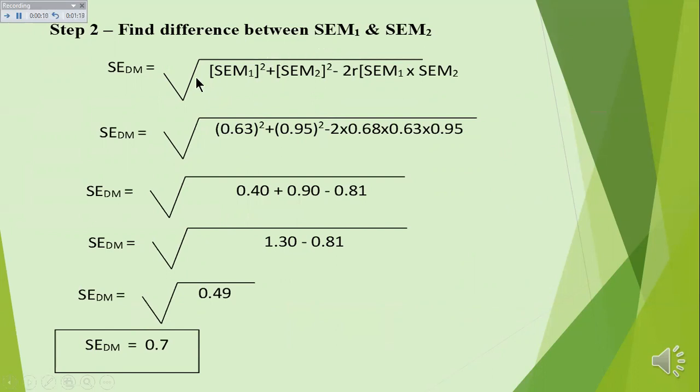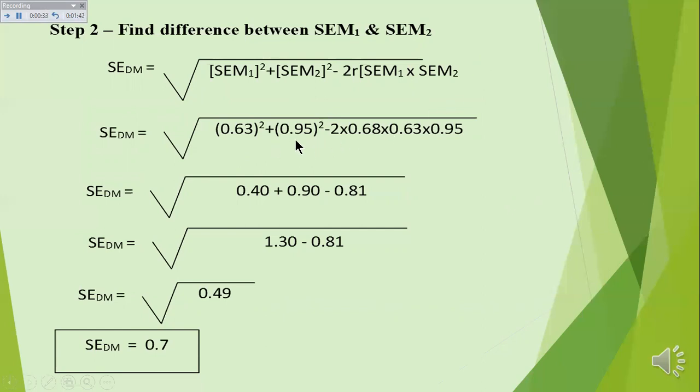Now in step second, we have to find the difference between standard error of mean. So this is the formula: standard error of mean first square plus standard error of mean second square minus 2 R, where R means coefficient of correlation, into standard error of mean first and standard error of mean second.